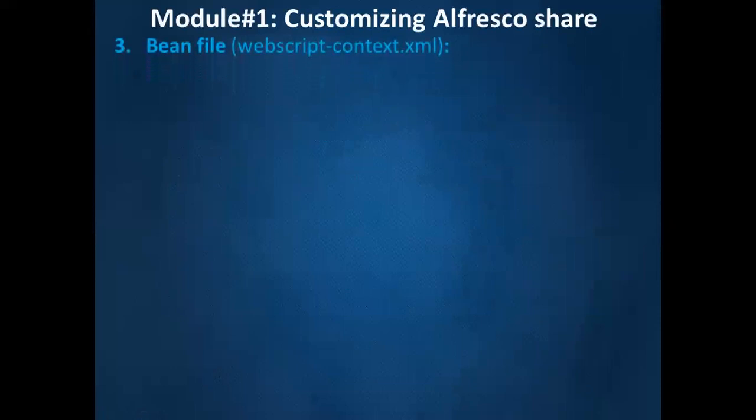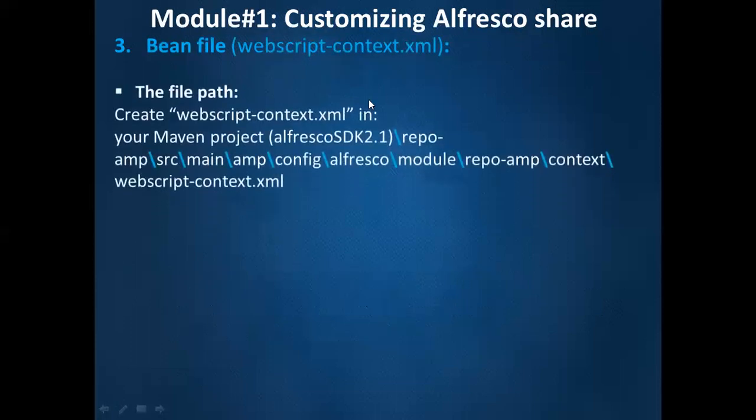So the third file is the bean file. This bean file is used to chain, or we work with the bean file to chain the files with Alfresco. So you try to find this file, webscripts-context.xml. Let's see where is the path of this file.